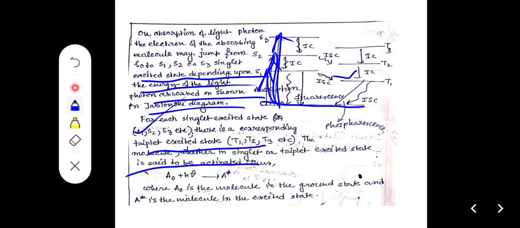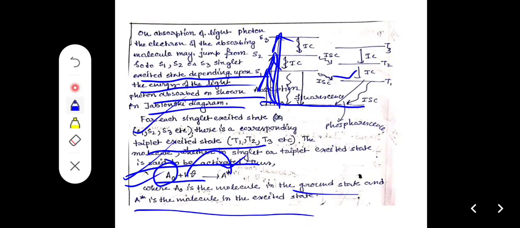Otherwise not. So if A0 is the molecule, it absorbs a certain amount of energy, and can be activated to produce A star. A star is the activated molecule. A0 is the molecule in the ground state and A star is the molecule in the excited state.